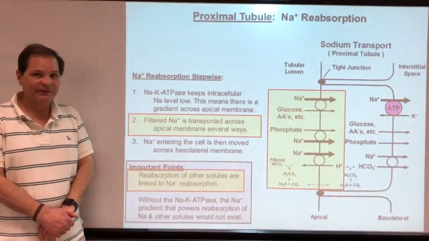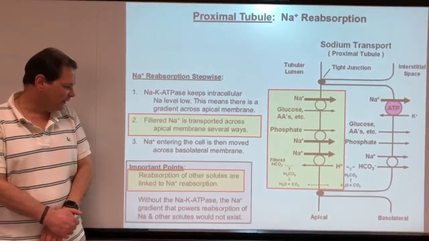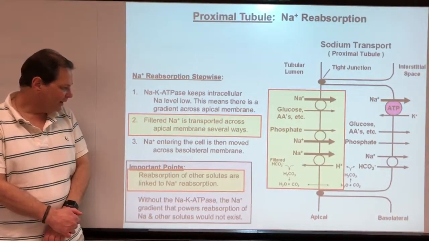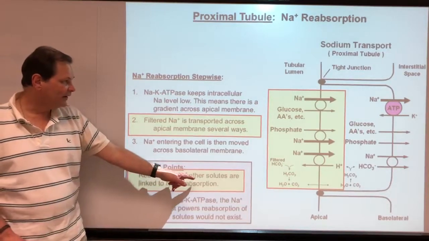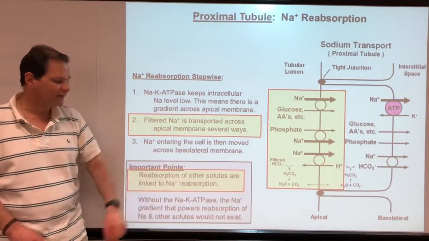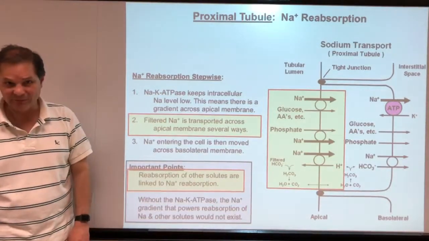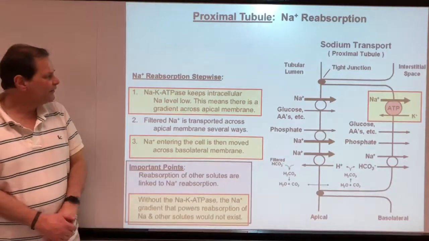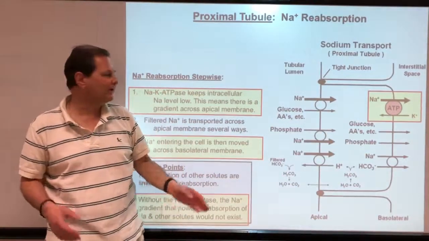But the sodium gets across one way or another, okay? Do bear in mind, like I said, glucose and other solutes are linked to sodium reabsorption here through the transport a lot of the time. The sodium-potassium ATPase in the basolateral membrane drives all this.